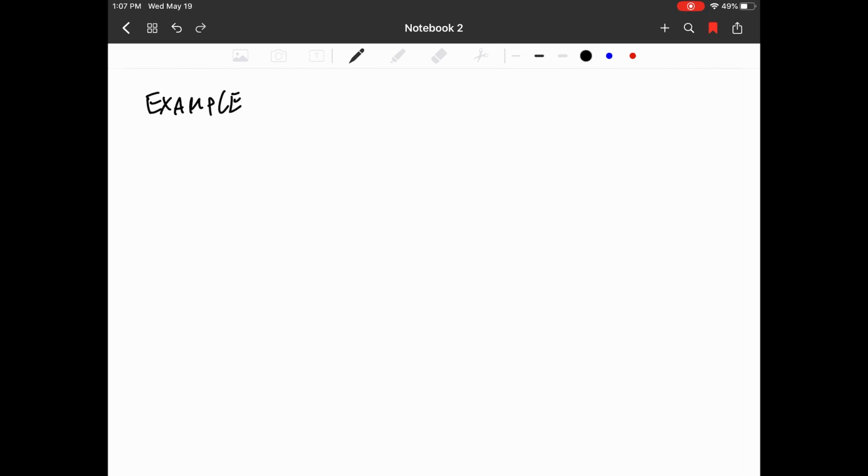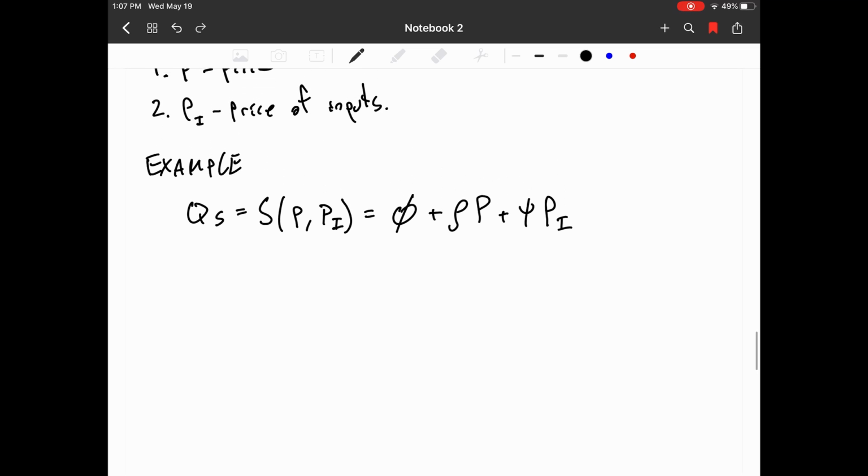Okay, so we have QS equal to our supply function of P and PI, and this is all equal to phi plus rho times price plus phi PI.